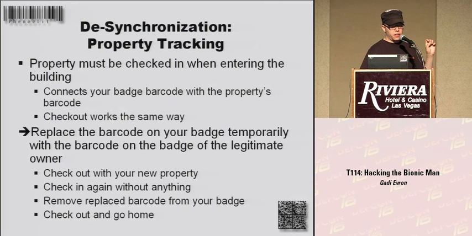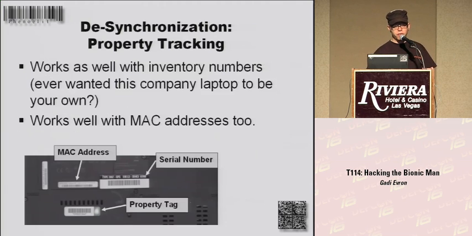Now, you stick that on, go out, check your new IBM laptop out, and go back in, because right now he's not at work, but he's about to leave, so that is not good, right? So you have to go back in, fix your badge again, remove it, and then check out and go home, and have 2 laptops. Easy as that.